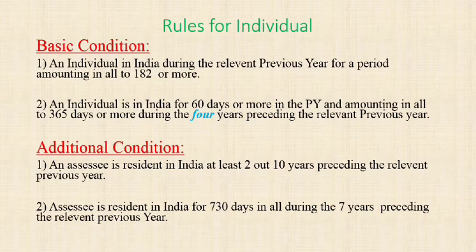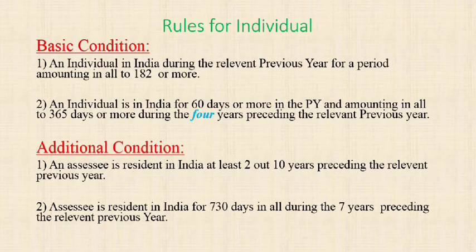Or, next, see the second condition. An individual has stayed in India for 60 days or more during the previous year. Our previous year is 2019-20. In that period, he has to stay in India for 60 days or more, and amounting in all to 365 days or more during the 4 years preceding the relevant previous year.